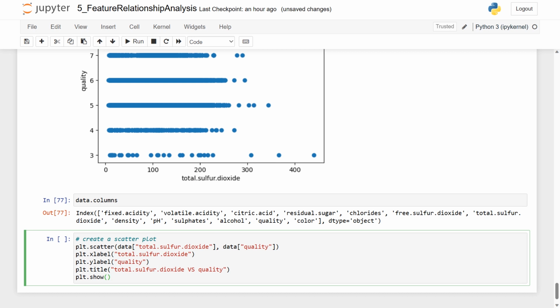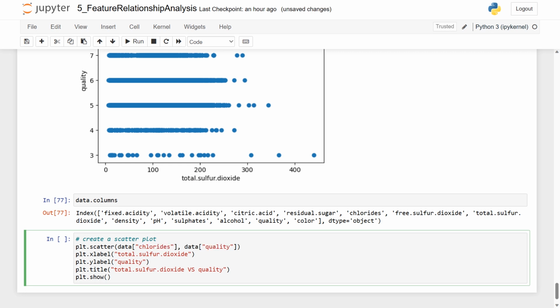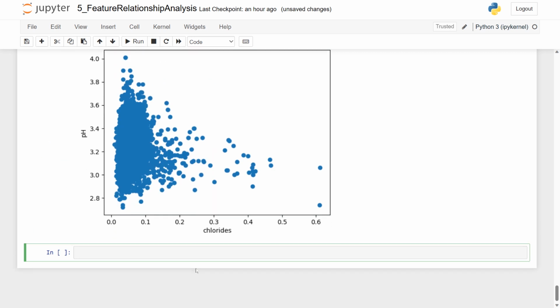We'll do one thing: let's take chlorides and pH, and see what relation we get here. Chlorides and pH. Execute.